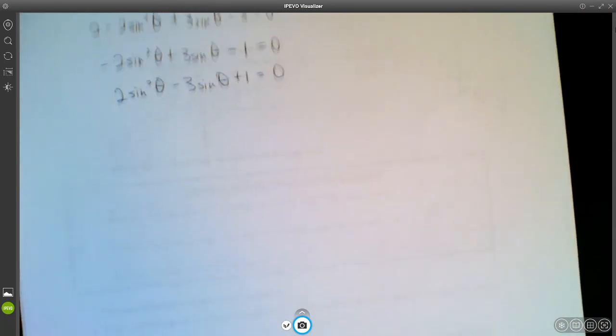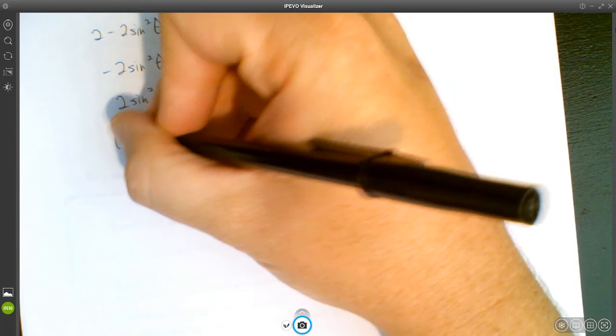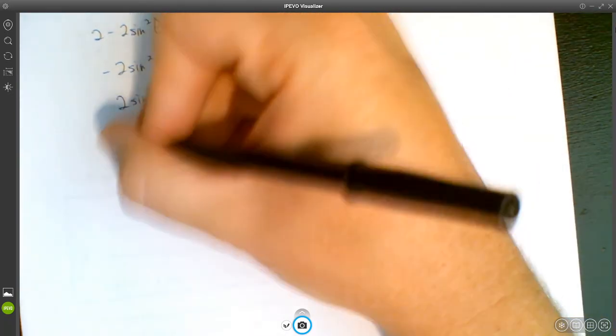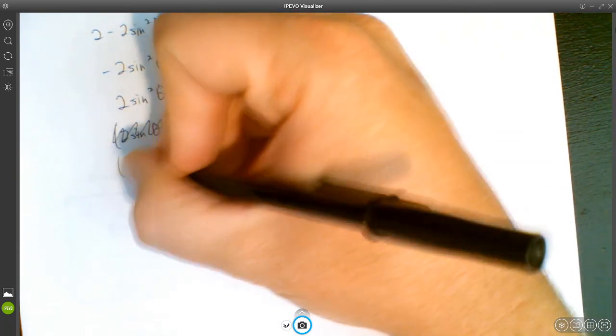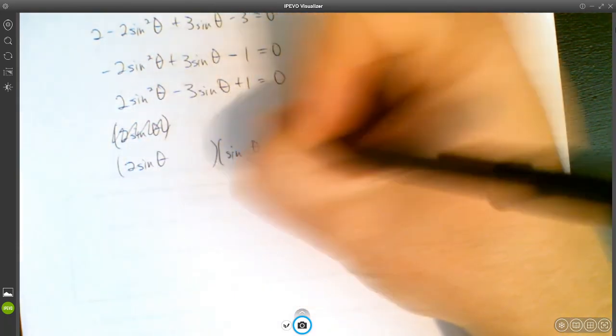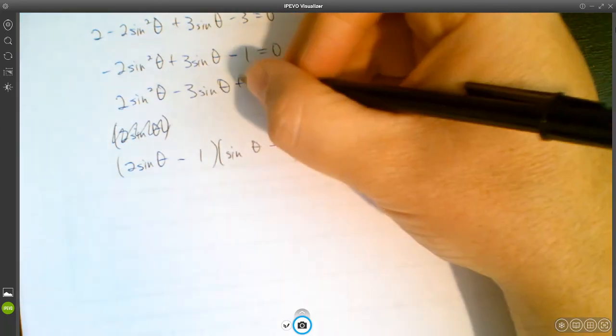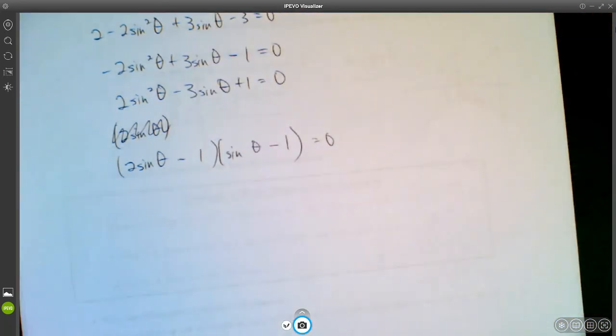I wonder if this one does factor. We can try. Let me try again. 2 sine theta. It's got to be a 1 and a 1. And they have to be negative. They both have to be negative in order for us to get a positive here and a negative there. Does that give us what we want?